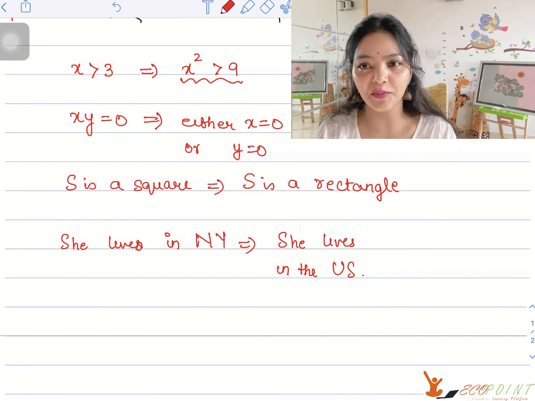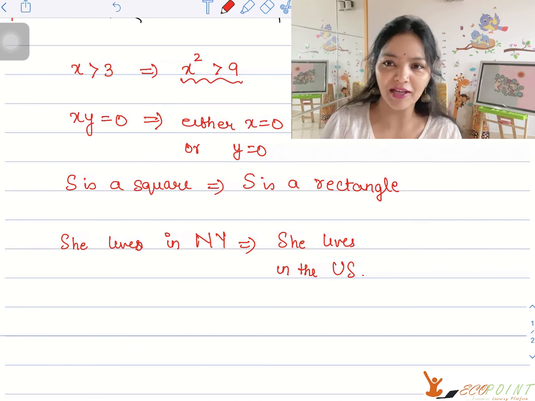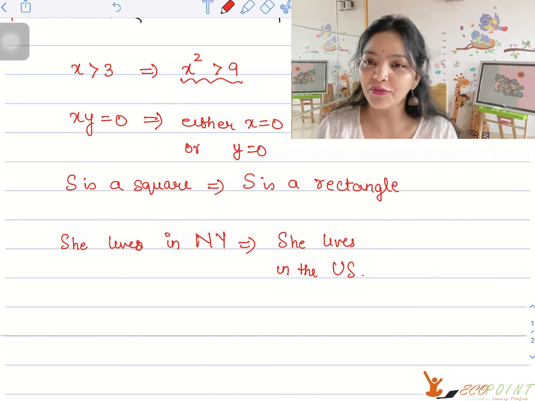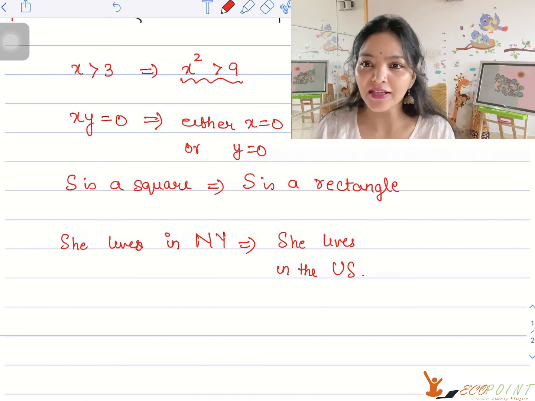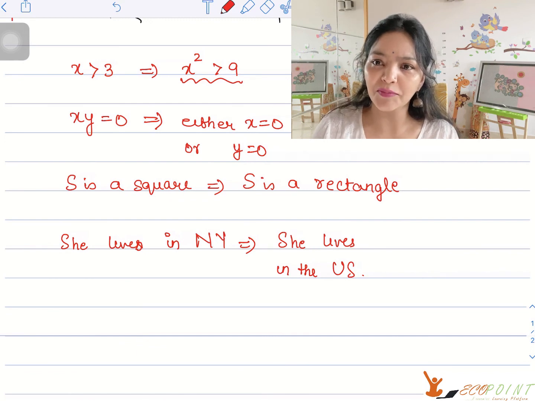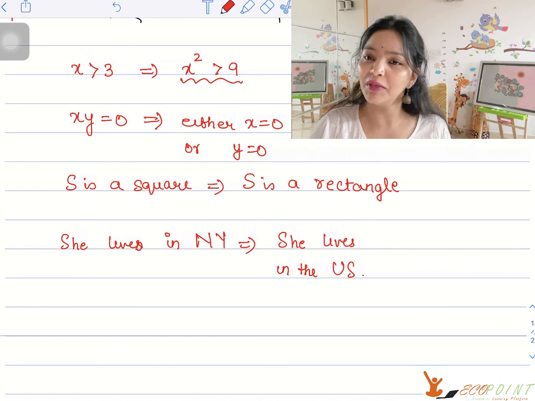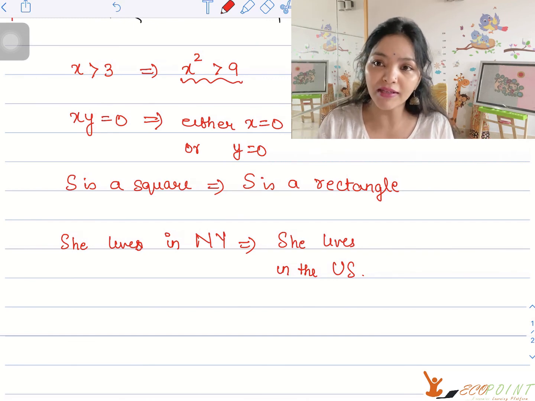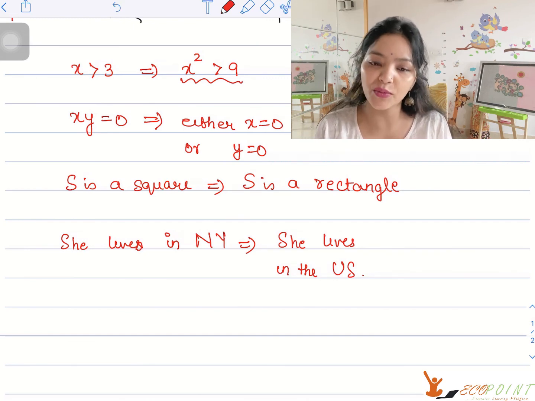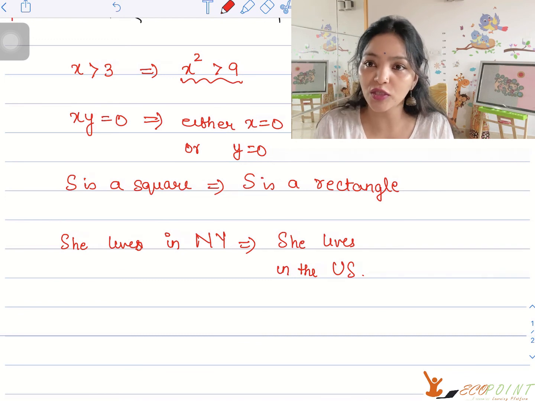If you get to know somebody is living in New York, doesn't that imply that the person is living in the US? If you get to know somebody is living in New Delhi, won't you get to know that the person is living in India? So this is a logical implication. If P is true, then automatically Q is true. That means Q is being implied by P. It's a consequence of the proposition P.